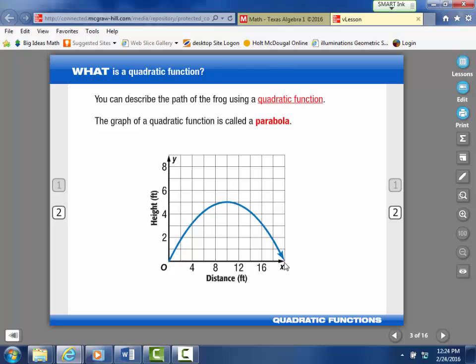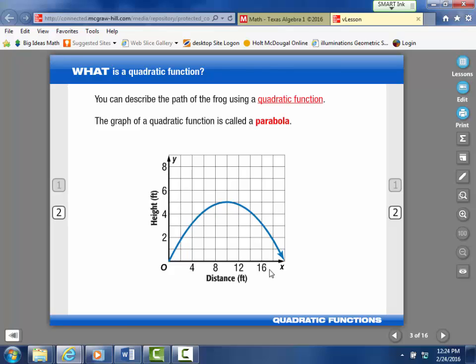Because when he hits the ground, is he going to go into the ground? Suppose maybe if he hits water instead of ground, he could possibly go down. But generally speaking, the frog's going to leap, catch the fly, and stop. So usually if it's just a quadratic and it's not attached to a situation, we say the domain is all real numbers.